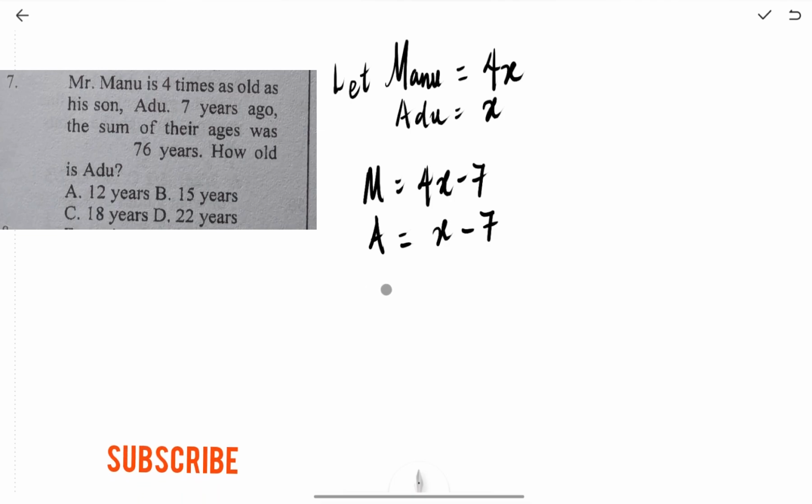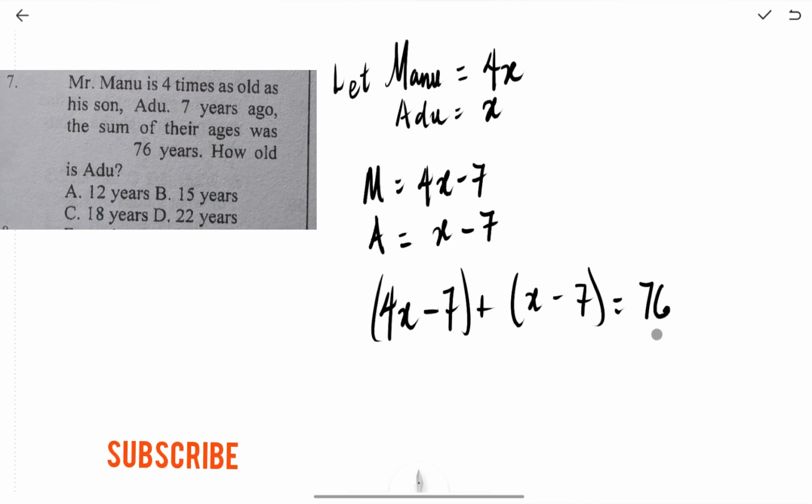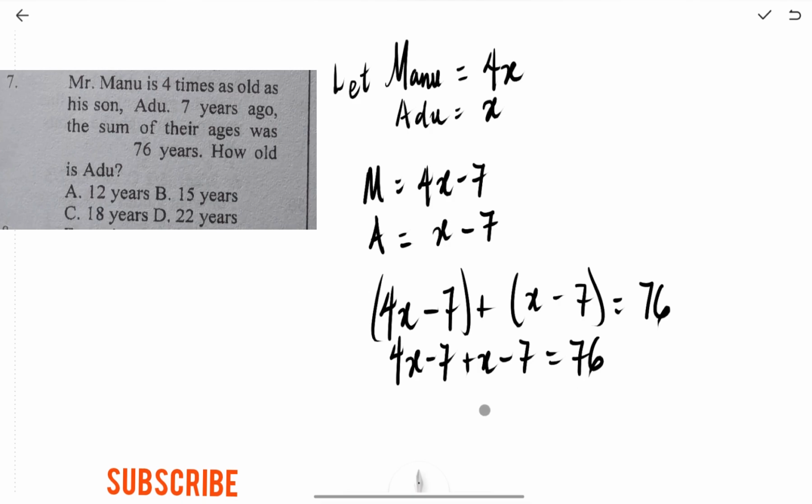So we add their ages together: 4x minus 7 plus the other age. We need to put this into brackets, it's very important. We can put the 2 into brackets as well, equals 76. Now let's open the bracket. We have 4x minus 7 plus x minus 7 equals 76.